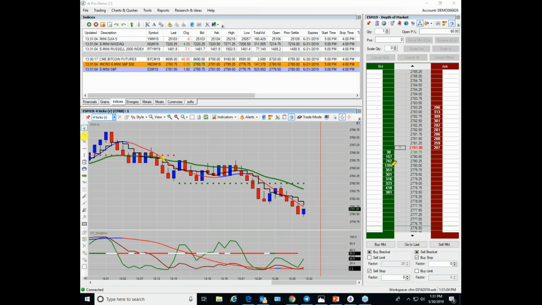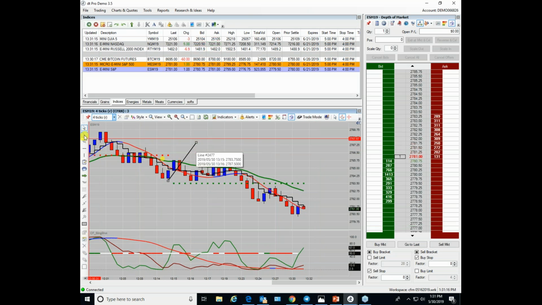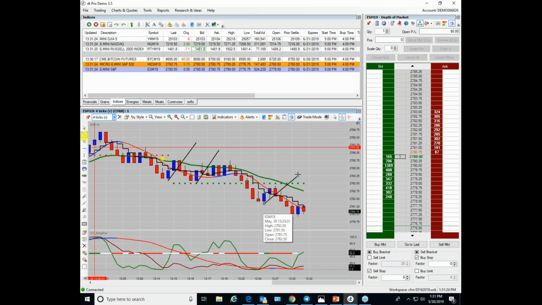Here's the reason why. As soon as we get the cross, we activate the trend line, and we get in the habit of drawing trend lines as the market approaches the BBC. This is the habit we're going to get into.